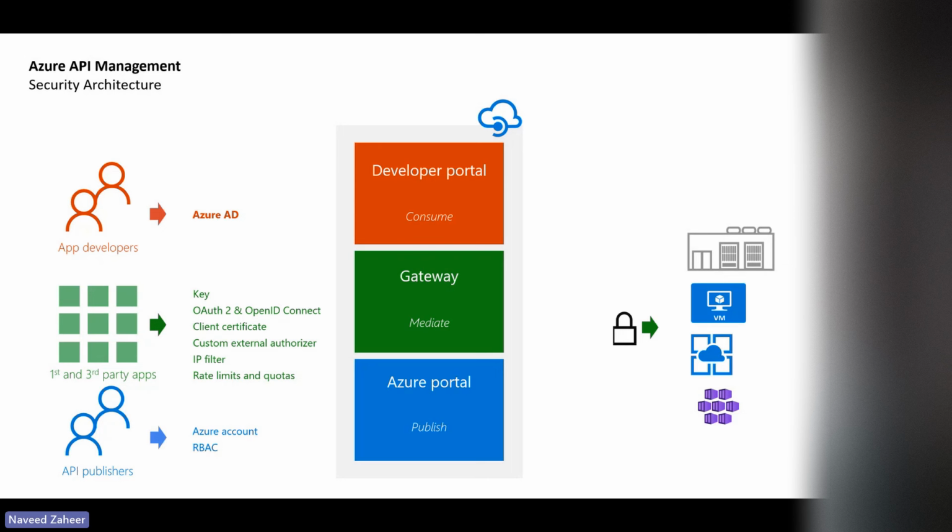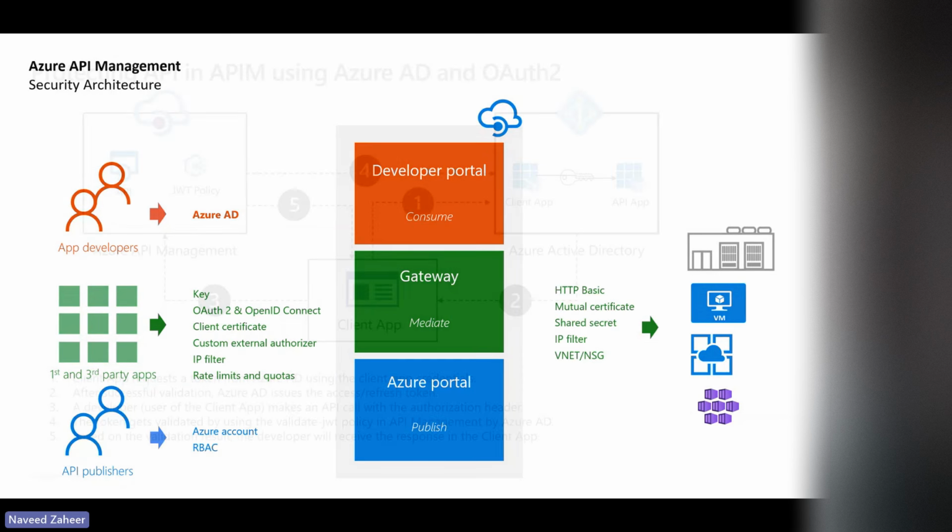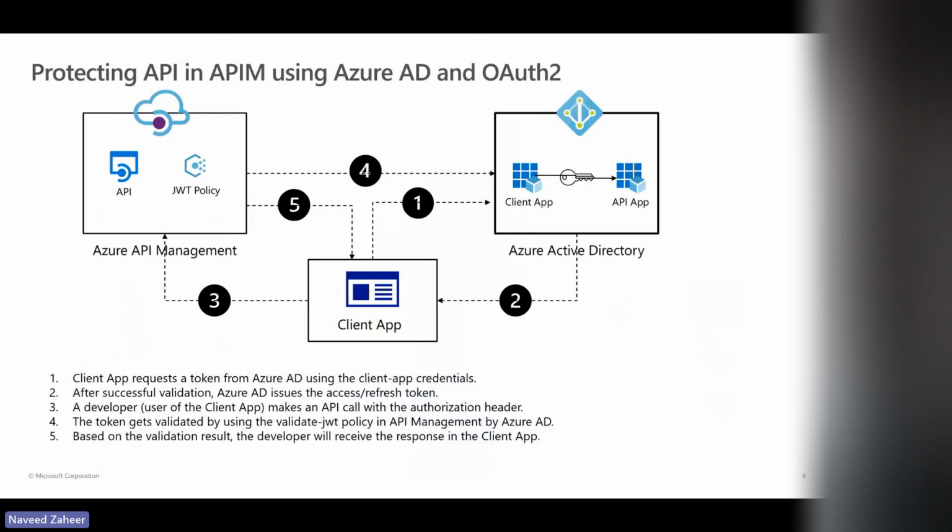And then you have the Azure portal itself, where you do the management of the API management feature. And just keep in mind, there used to be a management portal as well for API management, which is now deprecated. So with that, let's see any questions so far. Just want to make sure.